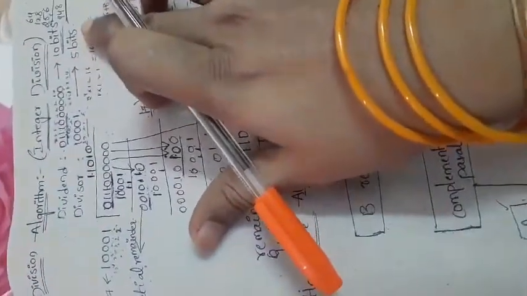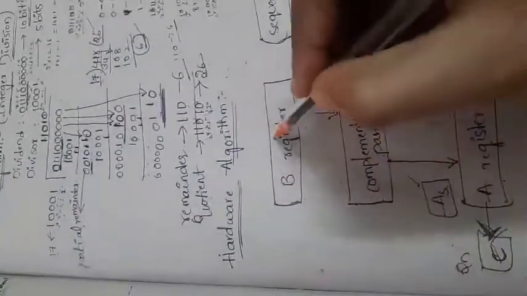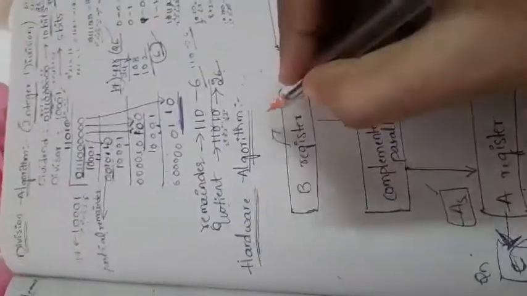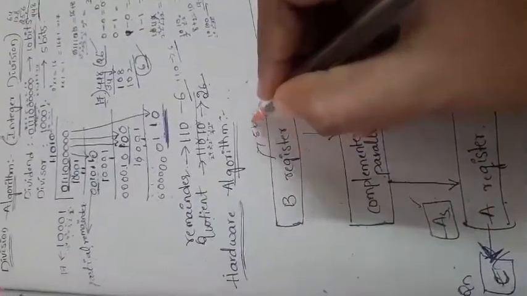Suppose we consider the B register. The divisor here has 5 bits, which means the B register can store only up to 5 bits. Suppose we want to store another bit in that register.